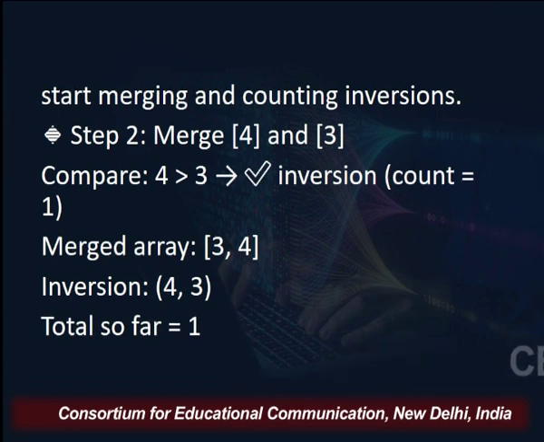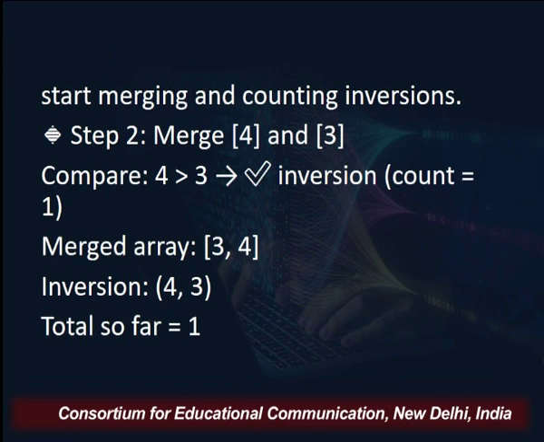Whenever we are merging 4 and 3, we are comparing 4 is greater than 3, and it is available in the left side array. So, yes, it is going to contribute to an inversion. So, count of the inversion is 1. Merged array is 3 comma 4. The inversion was 4 comma 3, and total inversions so far is equal to 1.